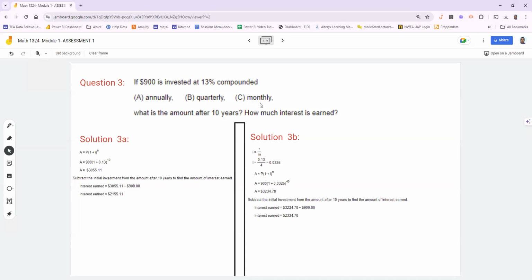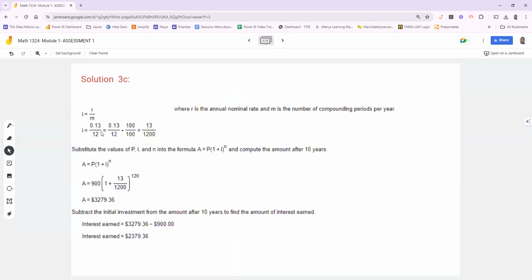And then the same question, we're going to look at it monthly. And monthly means the m value is equal to 12. So to calculate the i, first we're going to divide 0.13 by 12. You can either leave it as a decimal or you can keep it as a fraction. We're going to use the same formula. And then this is our P value, 1 plus this is the i value.